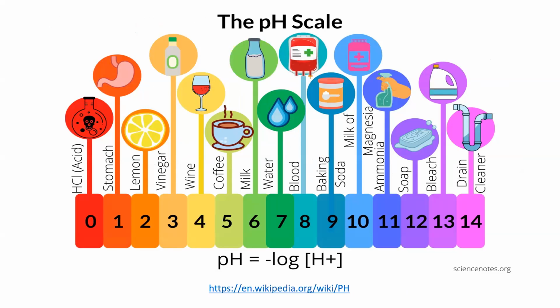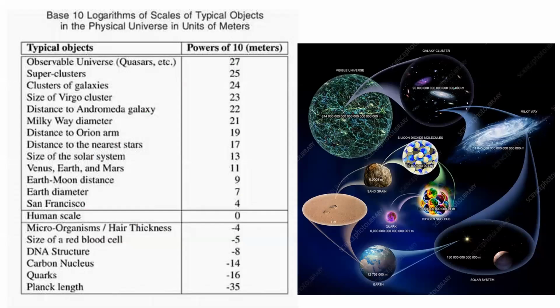And the whole point of this is you want to be able to have objects that have a tremendous spread be, in some sense, discussed all at once. So here are some objects from the universe: the observable universe is about 10 to the 27 above the human scale.